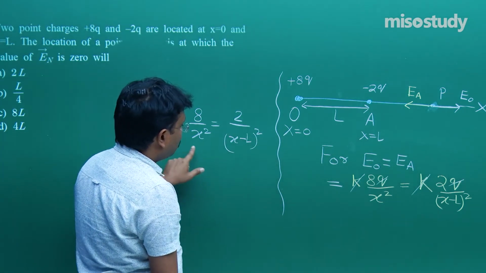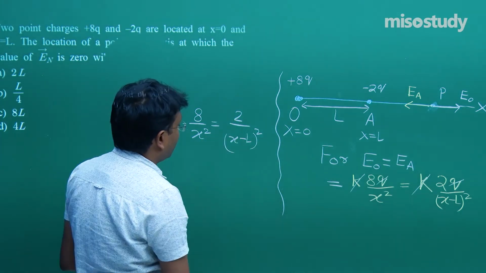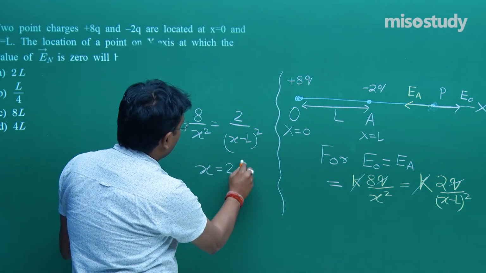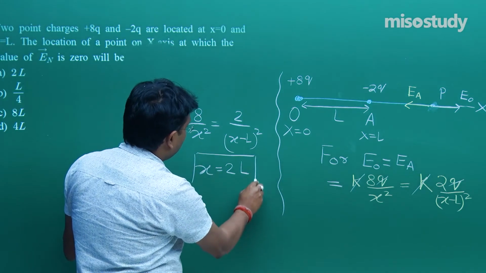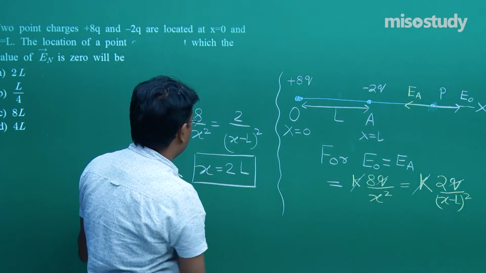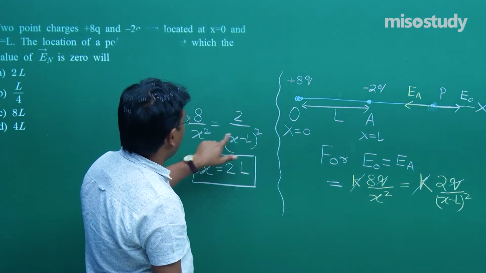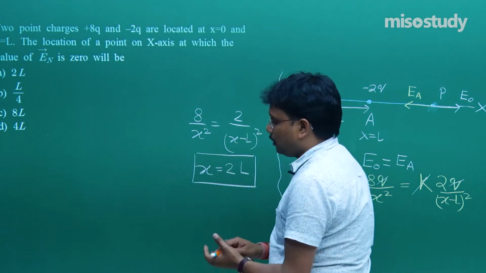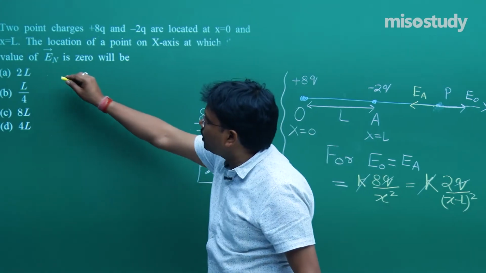I hope the calculation now is so simple that even if I am writing x is equal to 2L, you are going to be very much comfortable with this, because 2 into 4 then the square is going to be resolved. So, simply x is equal to 2L. Now, let us try to find out which one is the correct option.